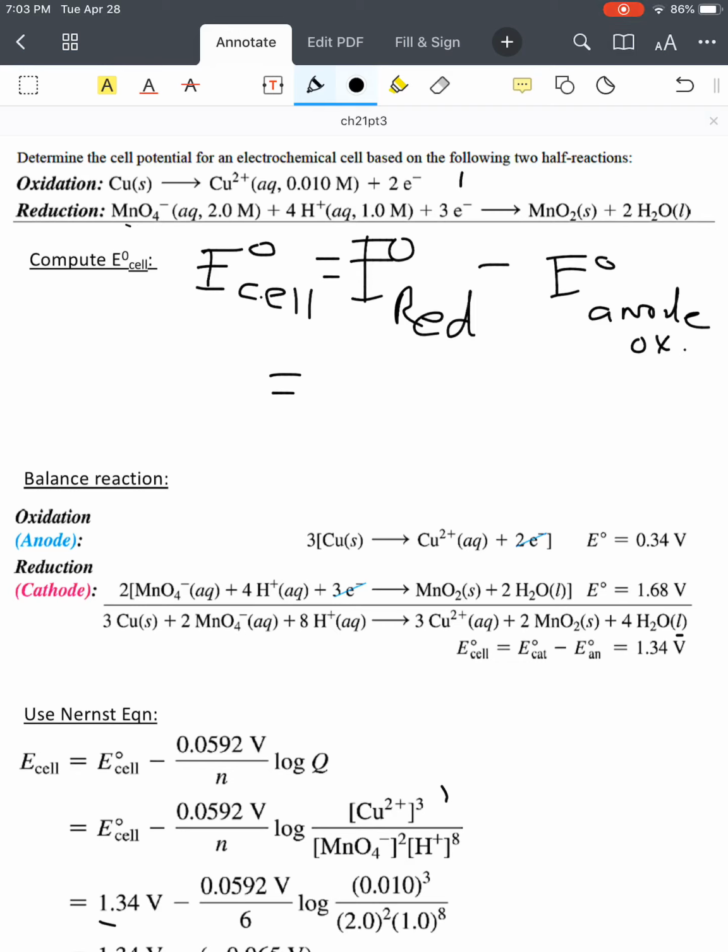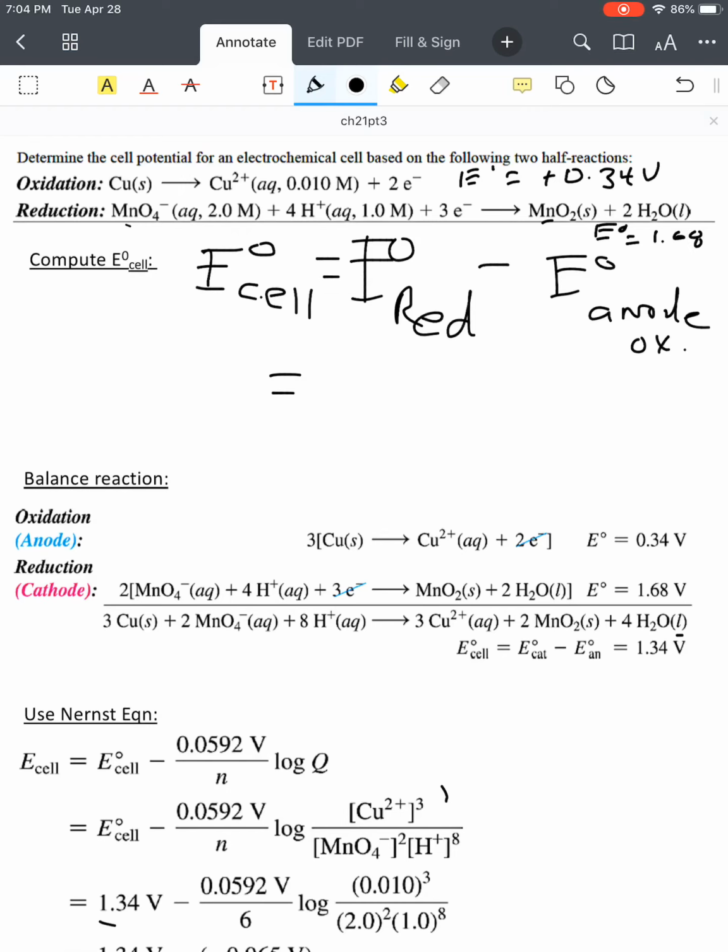So I'm going to my table of standard reduction potentials, and I see that E0 for the copper half reaction is a positive 0.34 volts versus the hydrogen electrode. And I'm also looking in my table here, and I can see that E0 for this reaction involving the permanganate to go to the MnO2 specifically, if I'm looking at that voltage, it looks like it's right here, positive 1.68 volts.